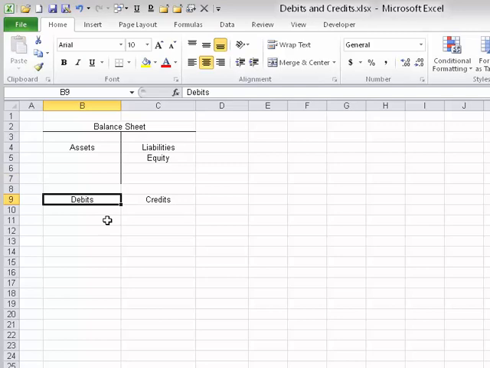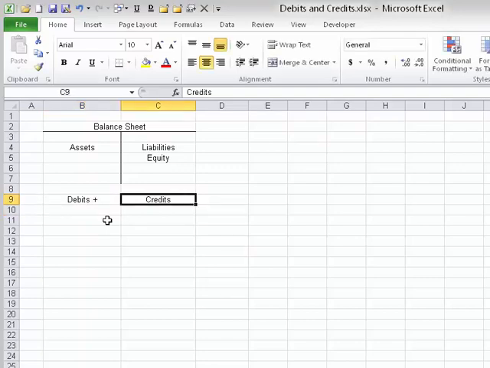Now, if we're on the left side of the equation, right, and here's our equation, assets equals liabilities plus equity. That's the accounting equation, and it very much mirrors what the balance sheet looks like. Well, we know if we're on the left side, debits will give us an increase. So I'm going to put a little plus sign here.